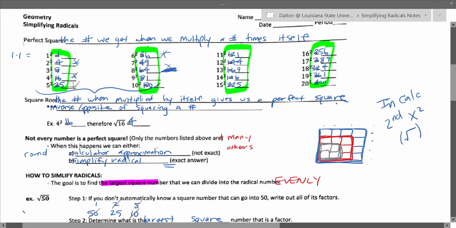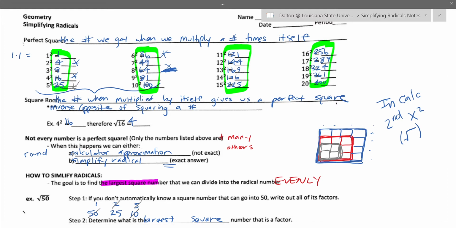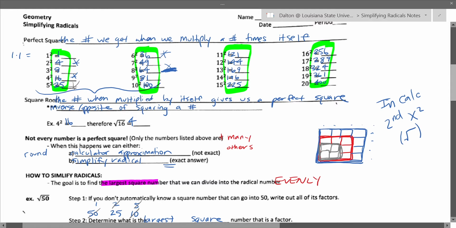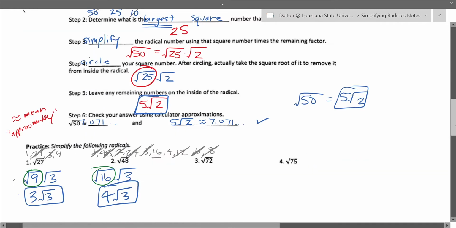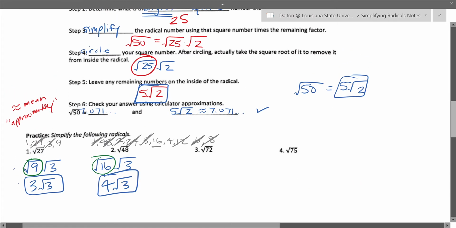Is that a square number that goes in evenly? No, because then you get 1.4693, and so on. So 49 doesn't go into 72. So try the next one on the list. Try 36. Well, 72 divided by 36 is 2. That's great news. That means 36, which is a square number, goes into 72 evenly.